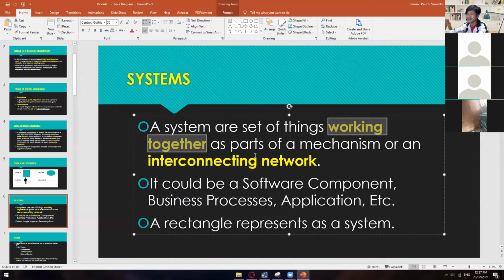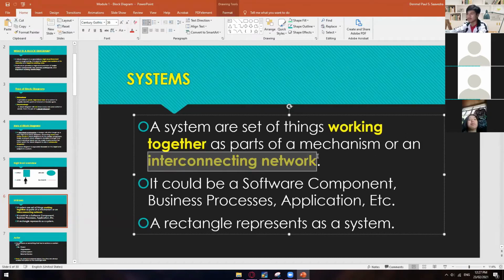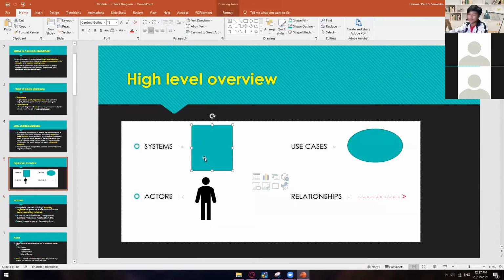You don't really care how this one works, etc. But a system has components that work together, or components that are interconnected with each other. They are the ones responsible for how your output will be shown, or what your output will be. So let's just say that your system is just a case, your protective case, and inside of it you have a lot of components.